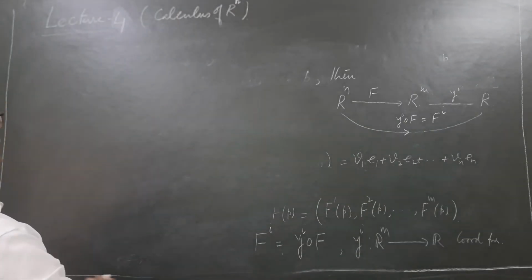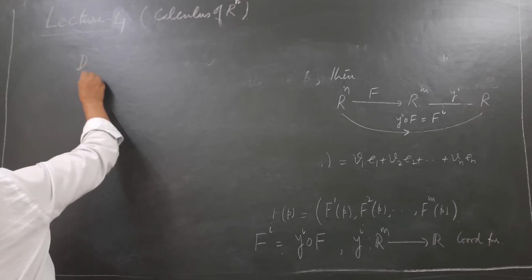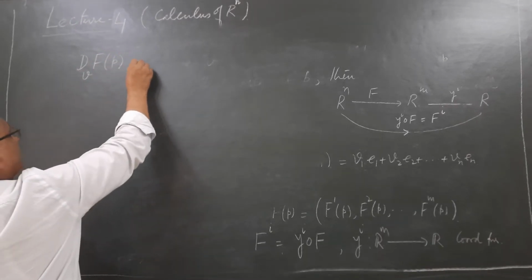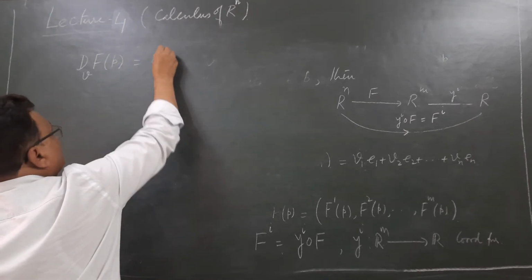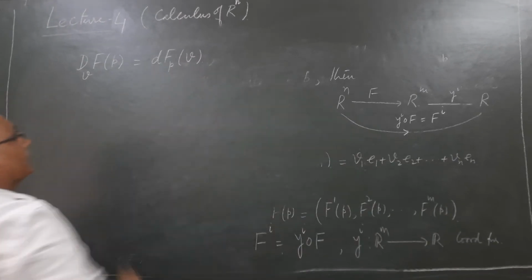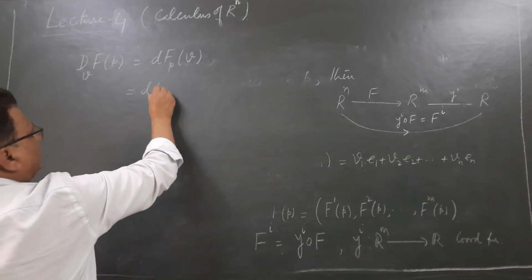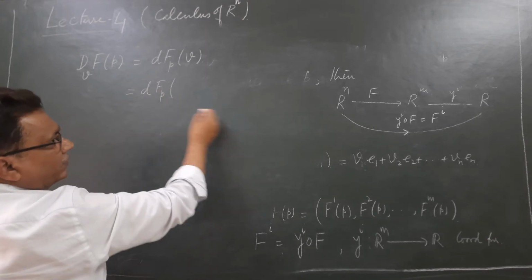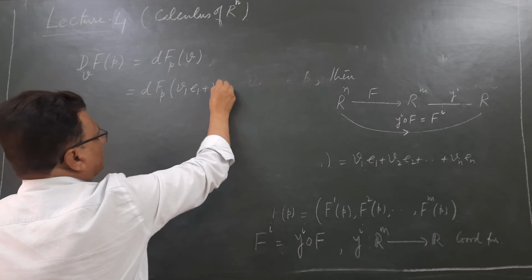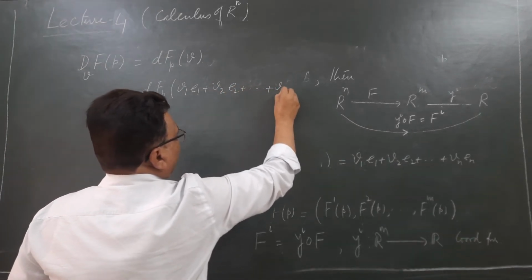So I have to show, so let me start computing dv fp. This I have shown in the earlier lemma, it is dfp of v, is it right? And now I can rewrite it as dfp of v, where I have rewritten v as v1 into e1 plus v2 into e2 plus so on vn into en.